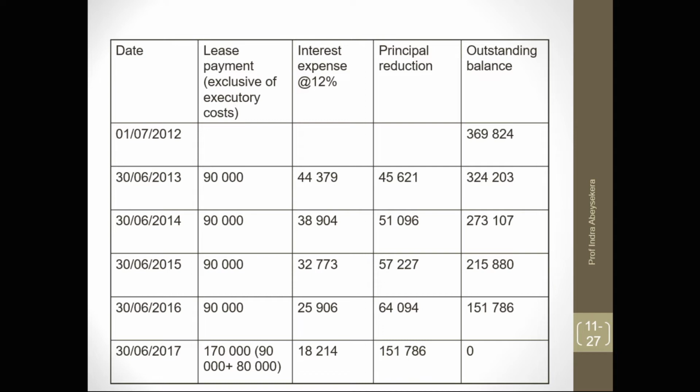Then there's another lease payment for the year ending 2014, and there's interest expense and principal reduction. And it goes on. At the end of year 5, there's a lease payment excluding executory cost of 90,000, and the bargain purchase option that is exercised of 80,000.